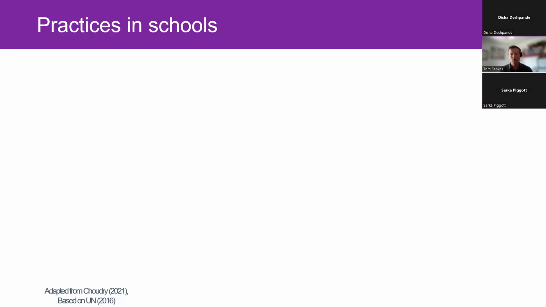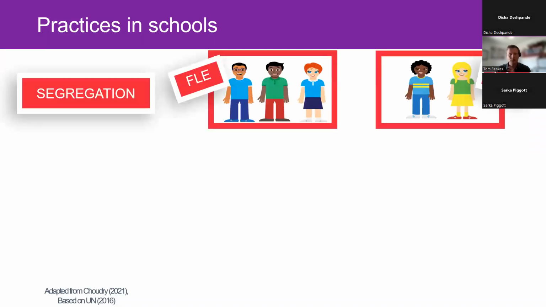I'm going to summarize these in a way that has been categorized and identified by Samina Chowdhury in her book, Equitable Education. So the first approach in some schools is that plurilingual learners are segregated.